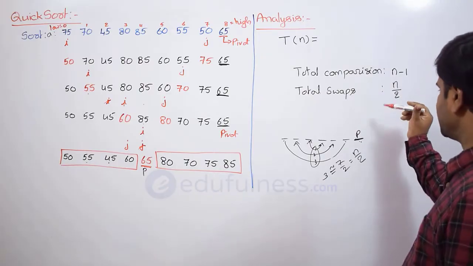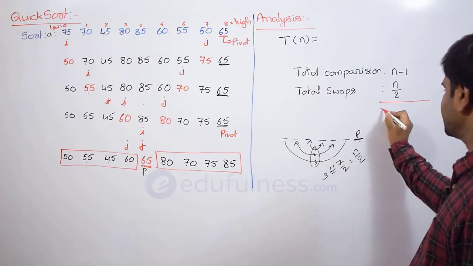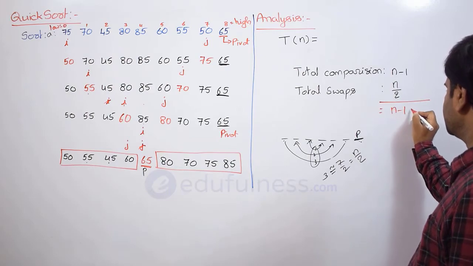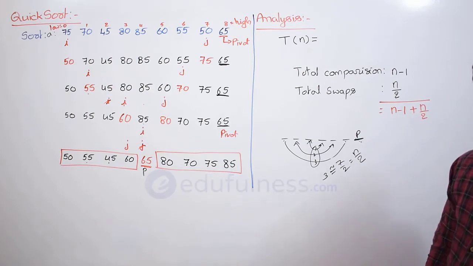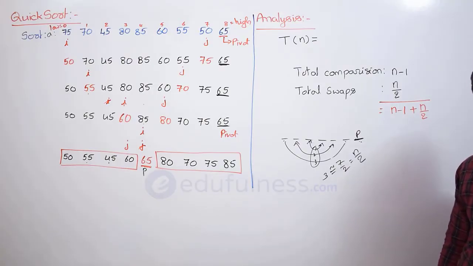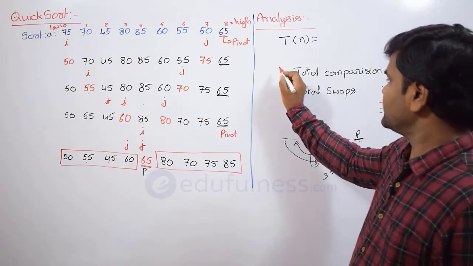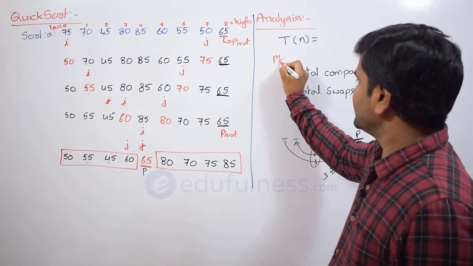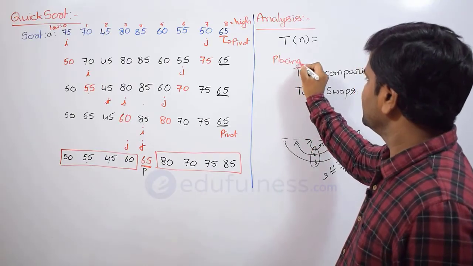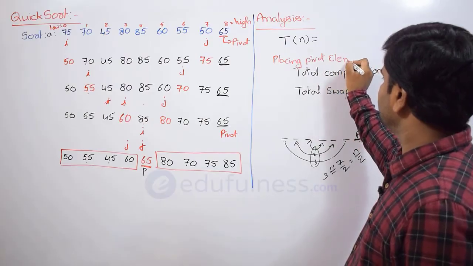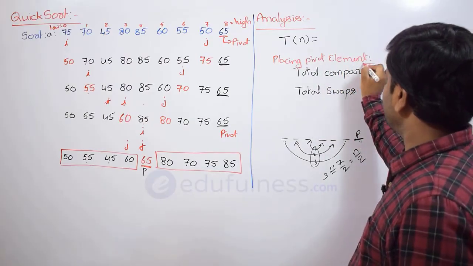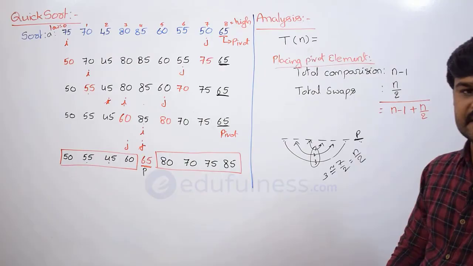So if I conclude, n minus 1 plus n by 2 is the time complexity for placing the pivot element in its correct position. That is what first of all you can note down: placing the pivot element in its proper position.